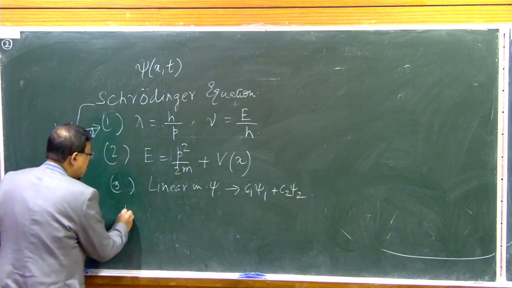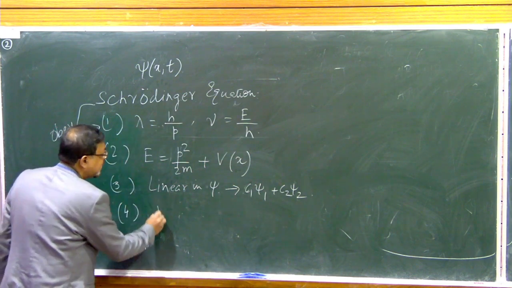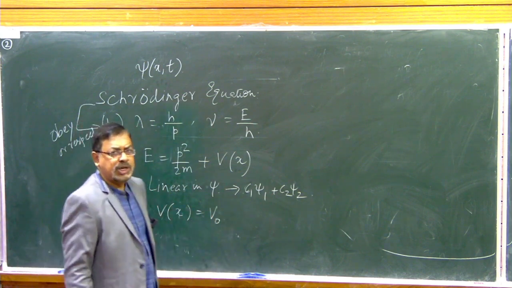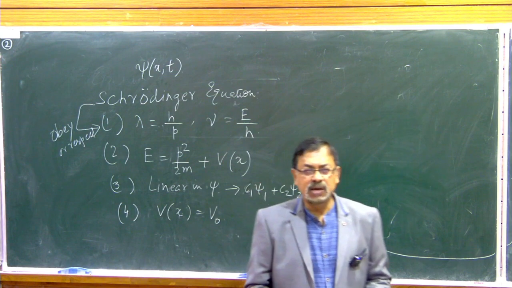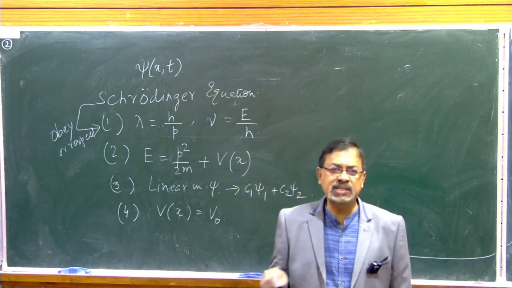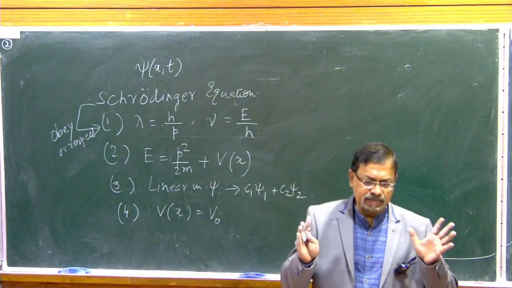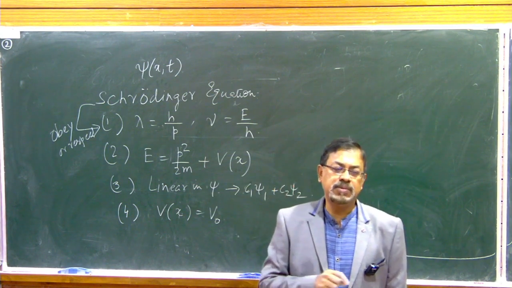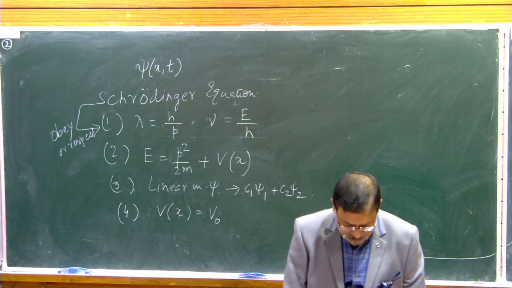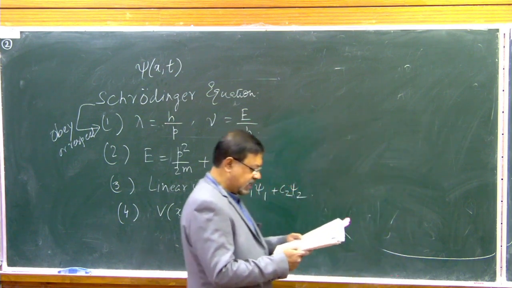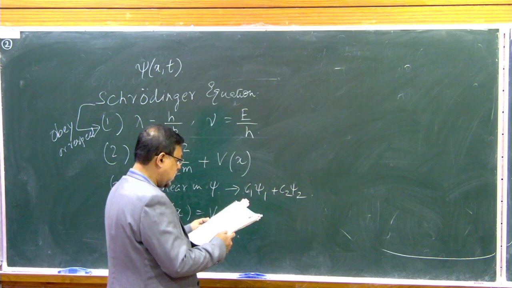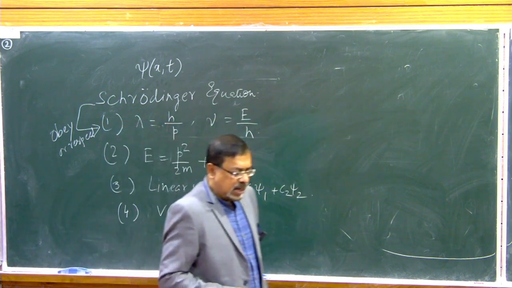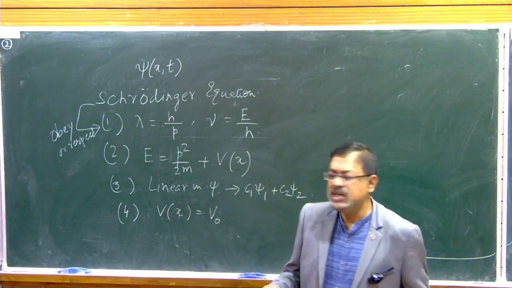We make an assumption just for simplicity, that V of x is independent of position, and let's just call it V naught. So that's a constant potential, as if there is a constant potential that hinders the motion of the particle. This makes things a little simpler because the force acting on it is 0.